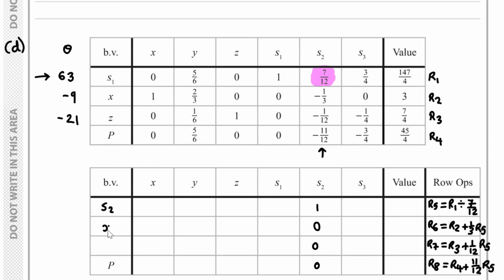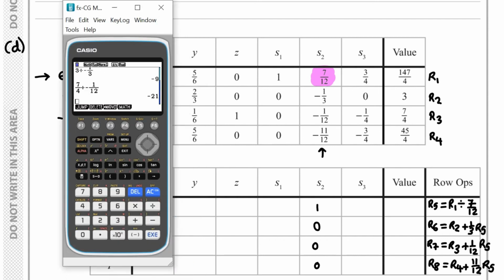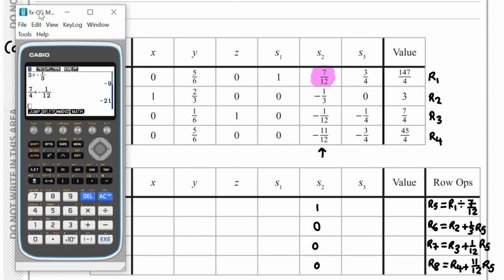And here we'd have X and Z. So from our CG50, we can click F3, and if we create a new matrix, here we've got 4 rows, and the number of columns we've got 7.